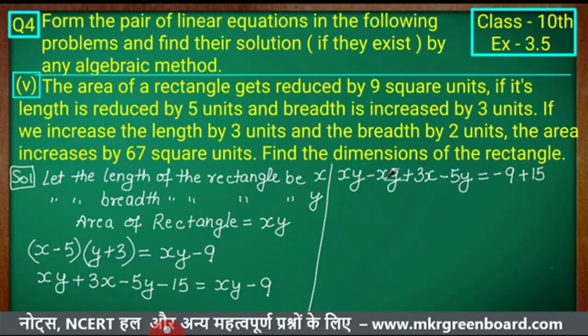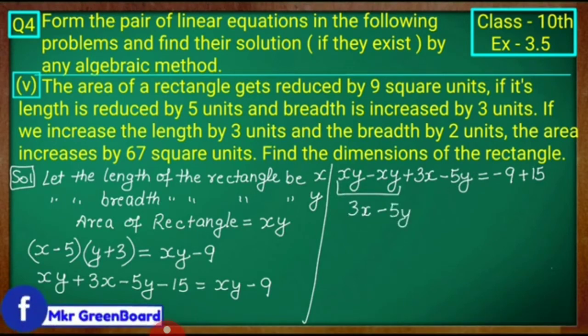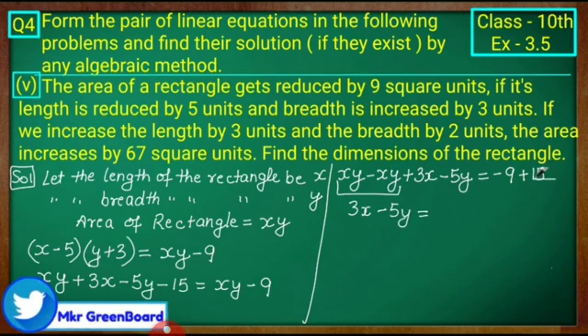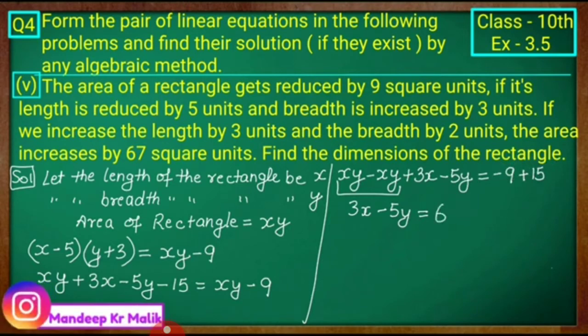Now xy minus xy cancel. What is left? 3x minus 5y is equal to 15 minus 9, which is 6. That is equation number 1.